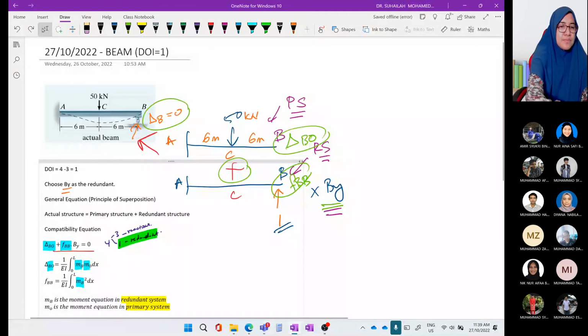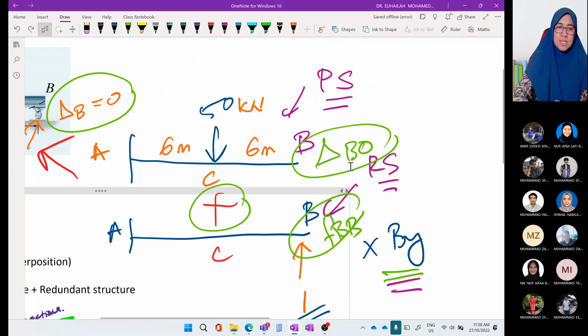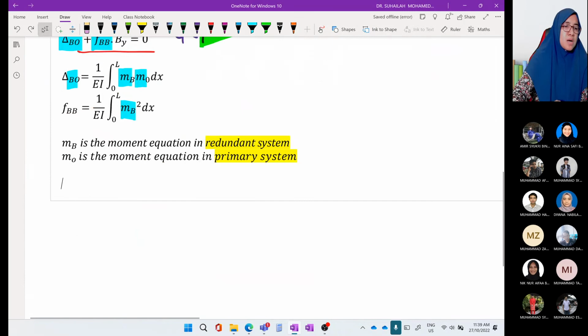This one at the top is the system. One is the primary system, one is the redundant system. So we have to write the moment equation in both systems, which means we have to do the same in both systems.